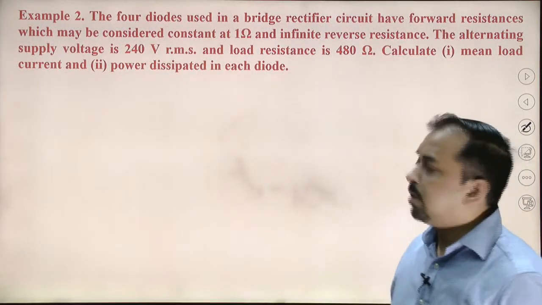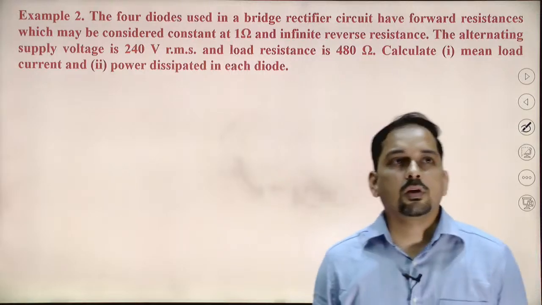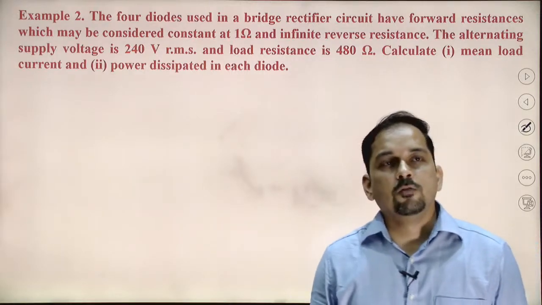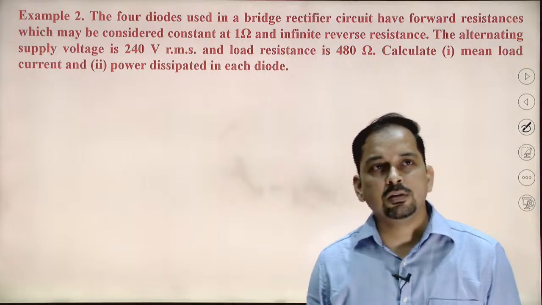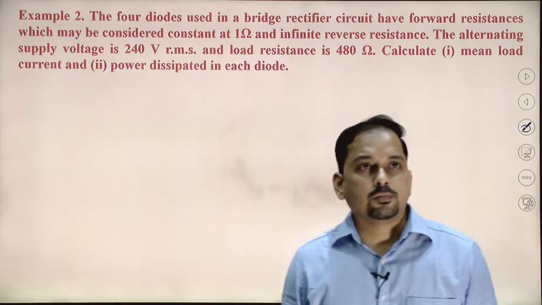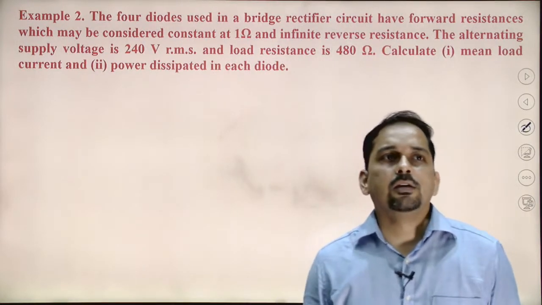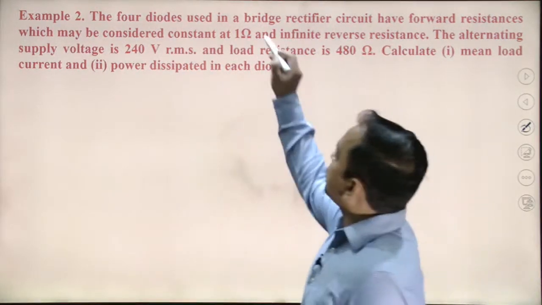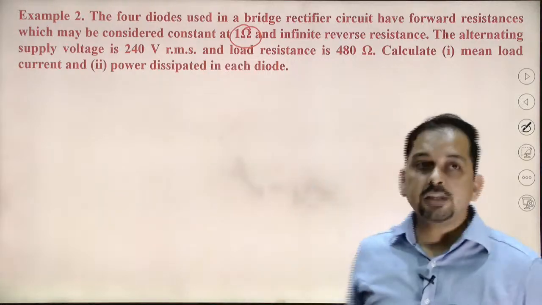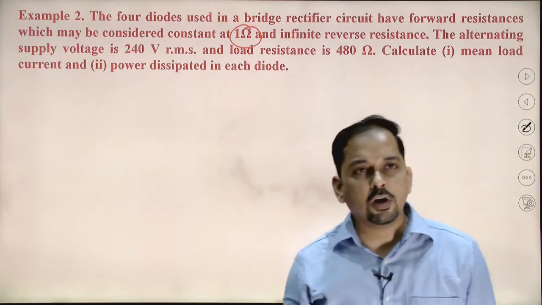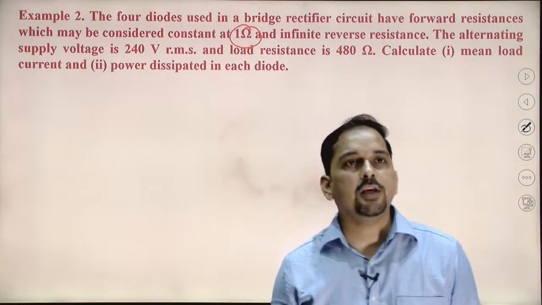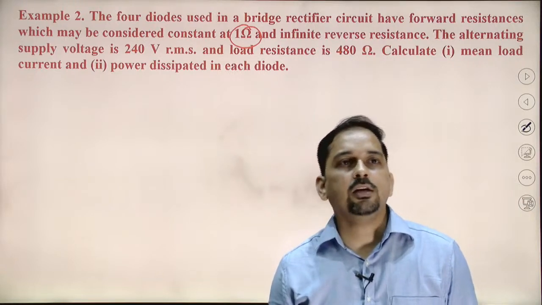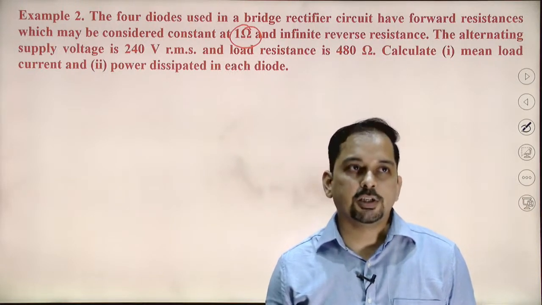So we have another question here. We have 4 diodes in a bridge rectifier configuration, and it is considered that the forward resistance of the diode is 1 ohm and it has infinite resistance in reverse bias, as we are already aware that a diode offers a huge amount of resistance in reverse bias condition.